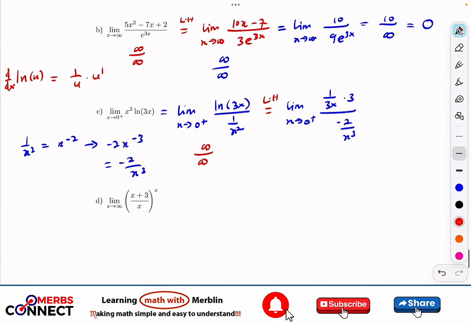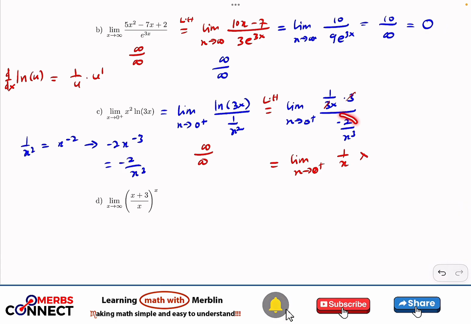Nice. Now let's see if we can simplify this. The limit as x approaches 0 from the positive. Now this will cancel this, so I have 1 over x, divided by minus 2 divided by x to the power 3.